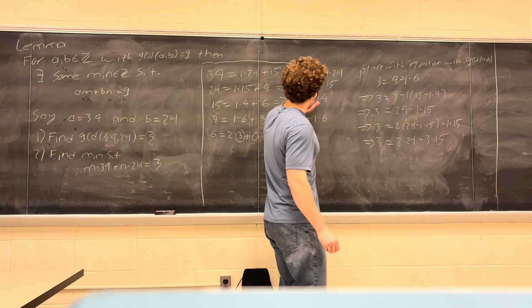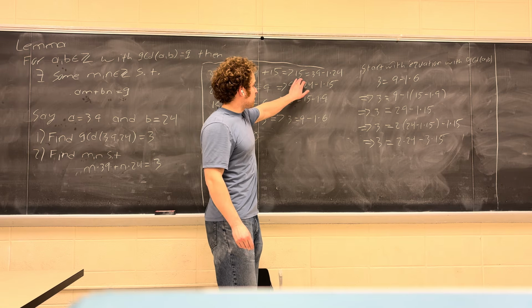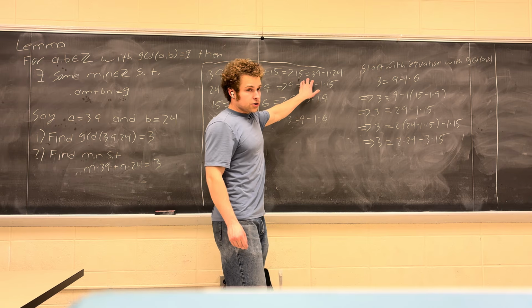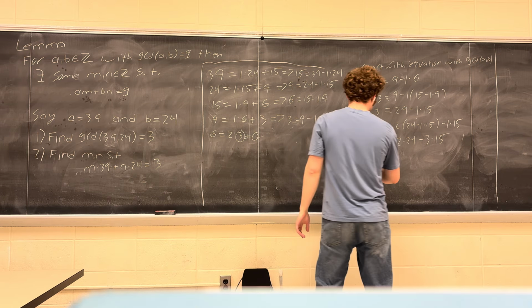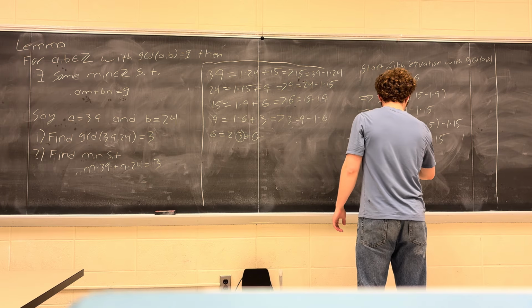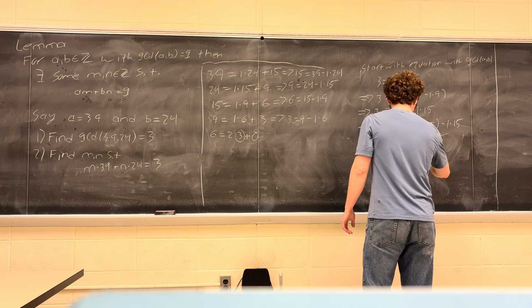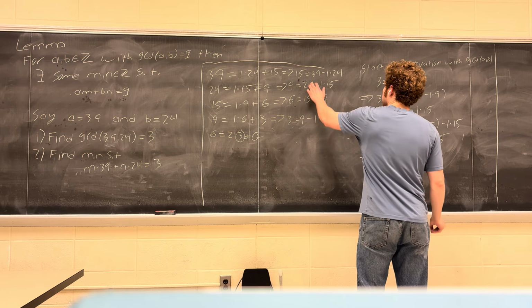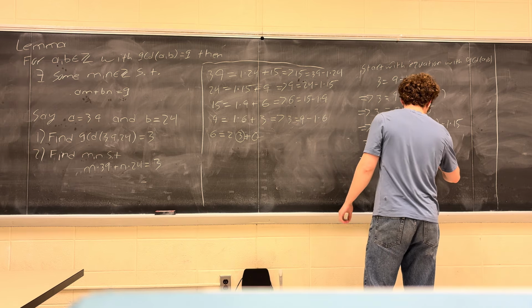Our last equation is the one with 15. After we make this substitution, we'll be done. 3 is equal to 2 times 24 minus 3 times (39 minus 1 times 24).